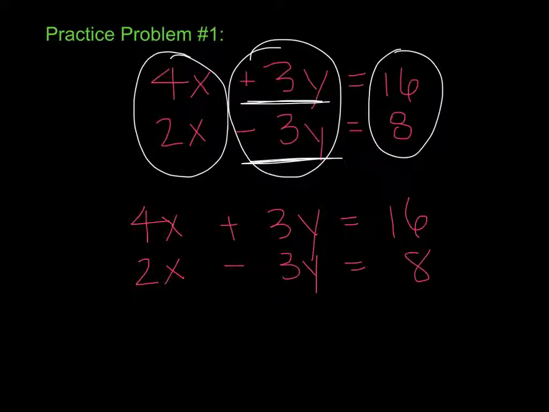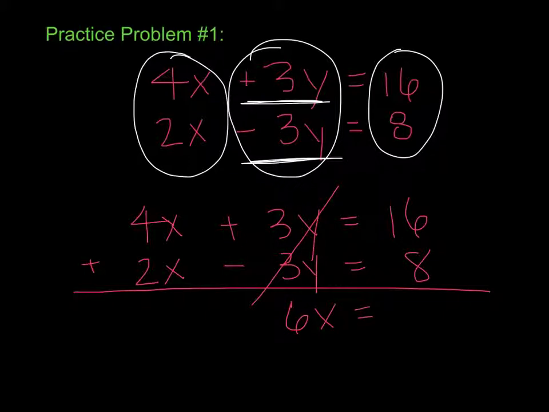The next step says to add in order to eliminate. So those cancel out and you're left with 6x equals 16 plus 8 is 24. Then it says to solve for your variable. That tells me that x equals 4.